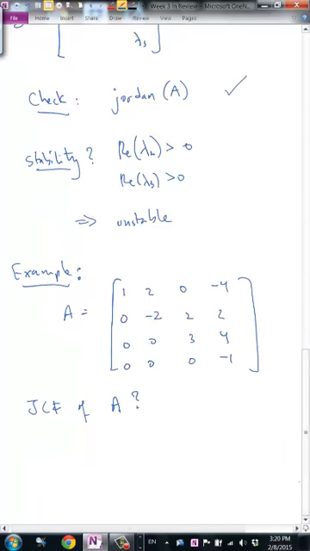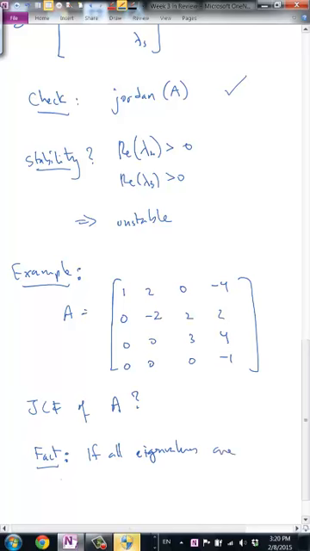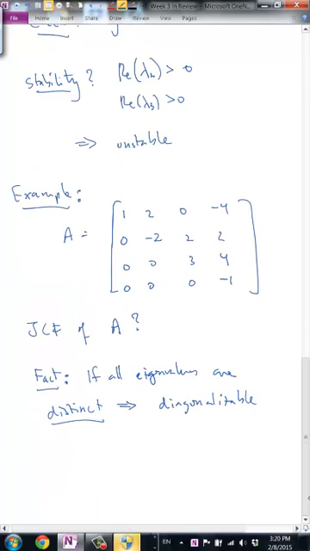Well, again, we haven't discussed how to compute Jordan canonical form for an arbitrary matrix, but this has something special about it. So we have this other fact that if all the eigenvalues are distinct, then a matrix is diagonalizable. Remember that we discussed this as just a fact before, but this is implied by Jordan canonical form.